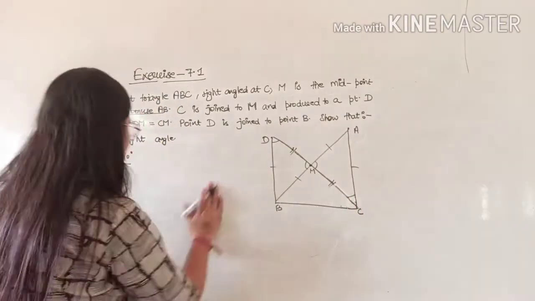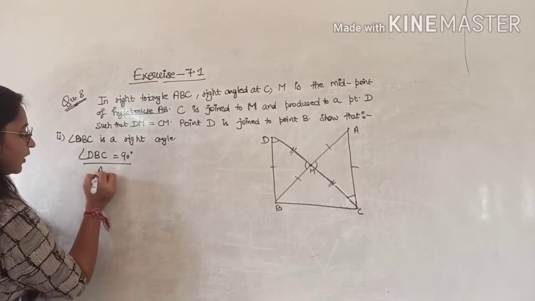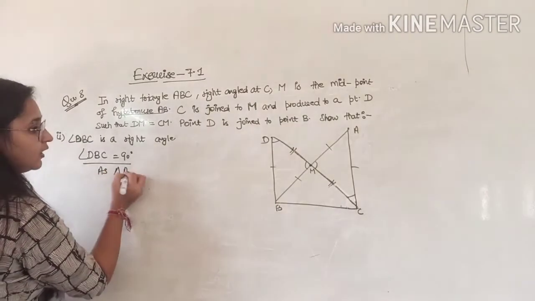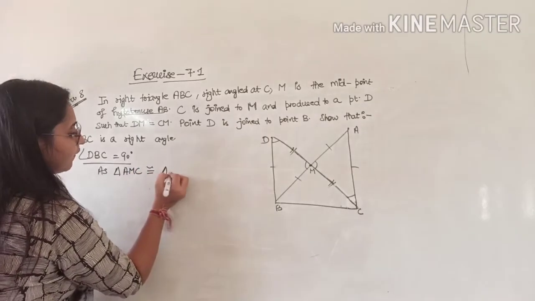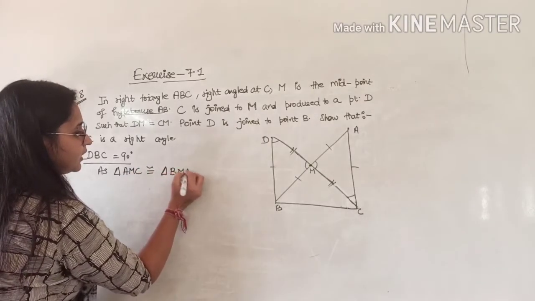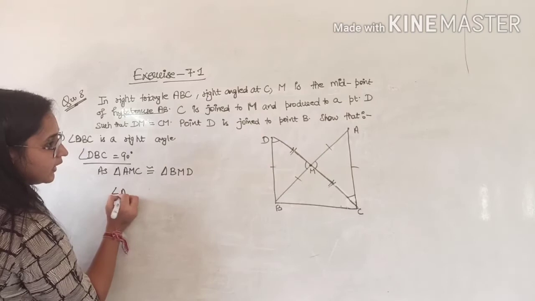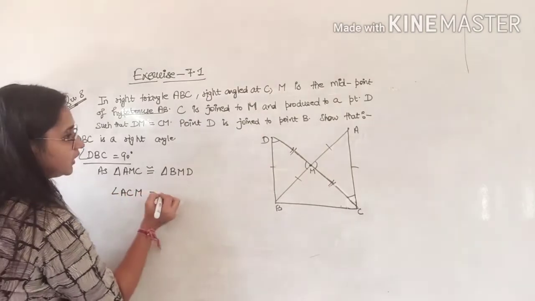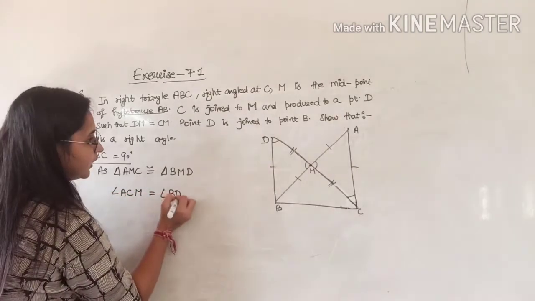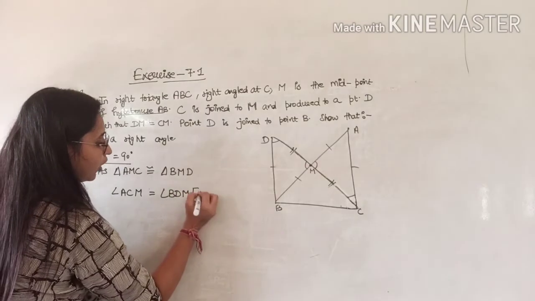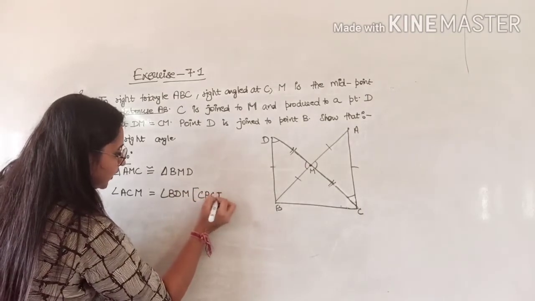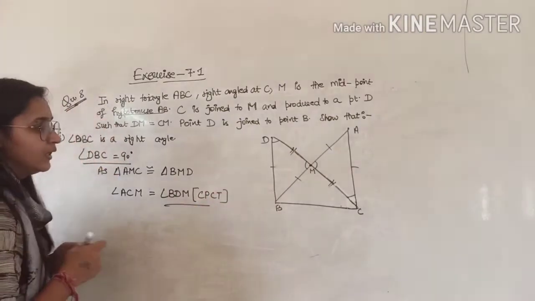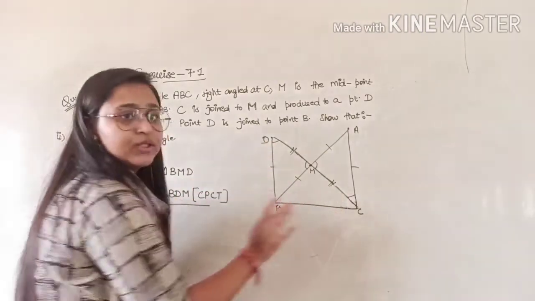So you can write in solution, triangle AMC is congruent to triangle BMD by CP. If these two triangles are congruent, then this angle will be equal to this.